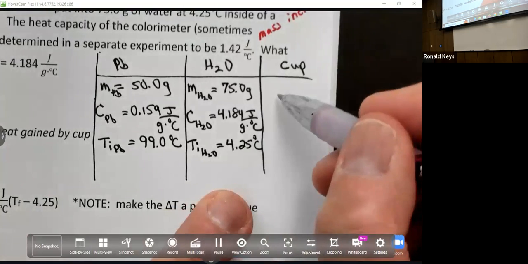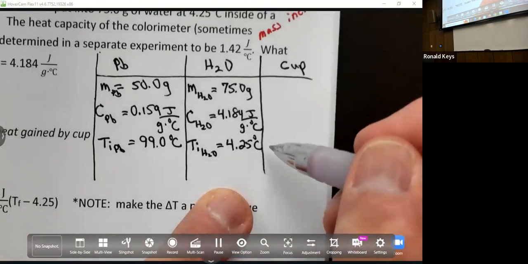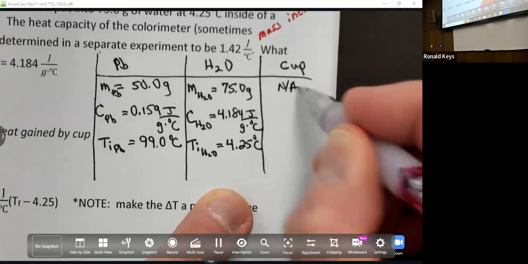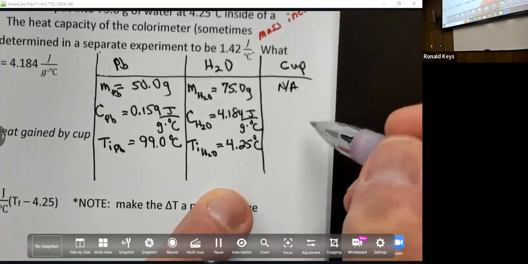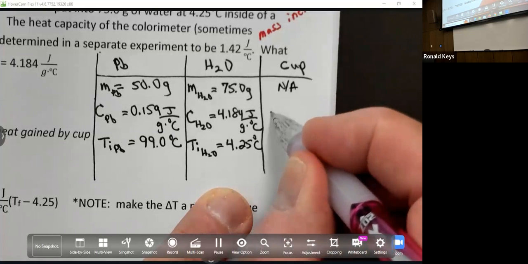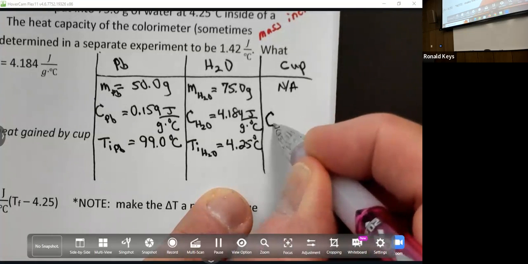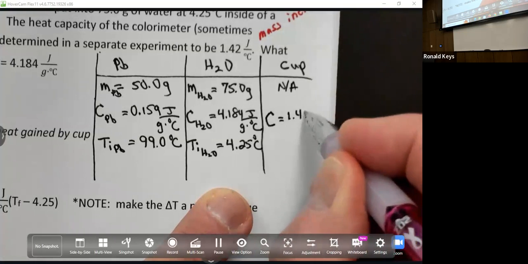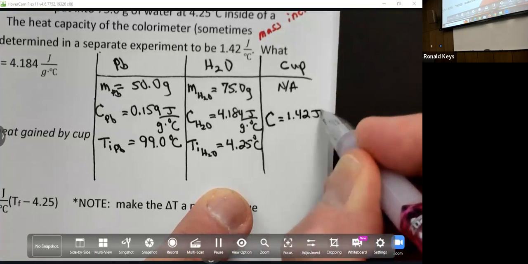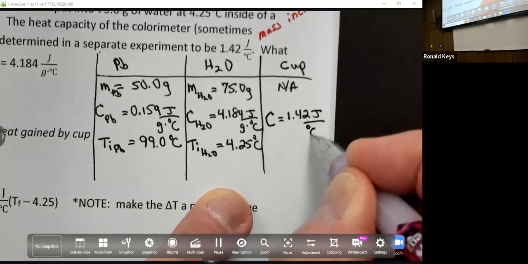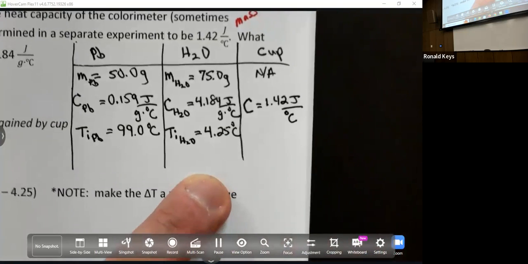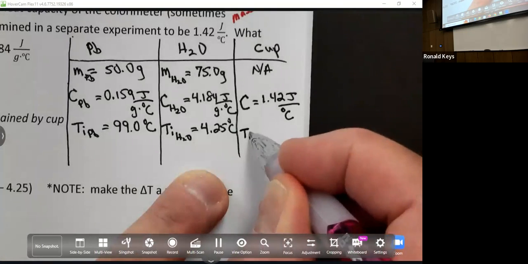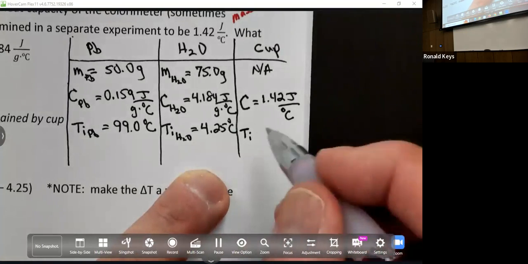Now, the mass of my cup is built into my calorimetry constant. So I don't need the mass of my cup. It has a calorimetry constant, C, equal to 1.42 joules per degree Celsius. The temperature is the same as the water.